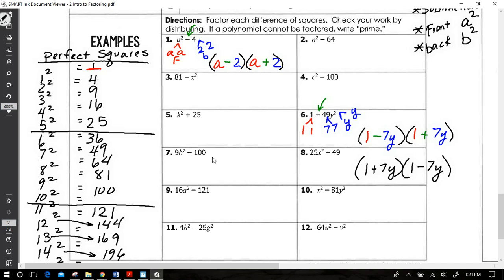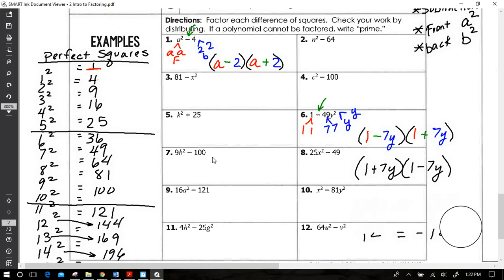The order doesn't matter, okay? It's no different than if I had 6 times negative 2 or negative 6 times positive 2. The answer would still be negative 12, right? They equal the same value because I'm multiplying them together.